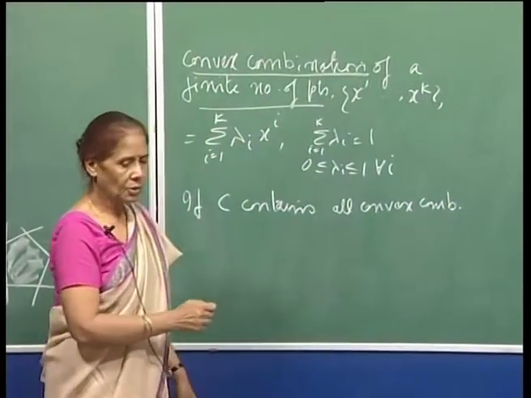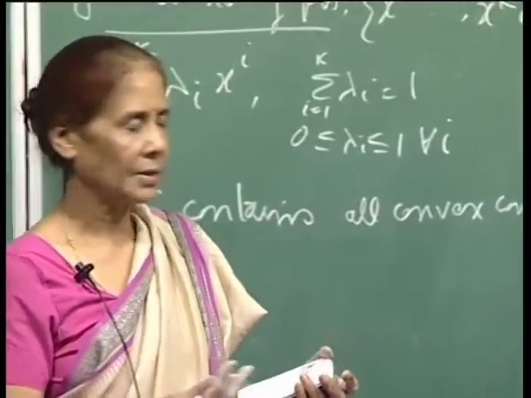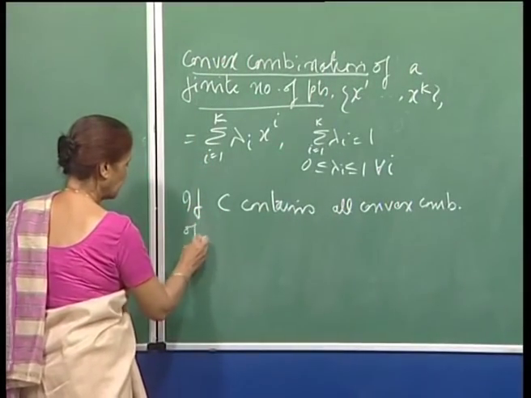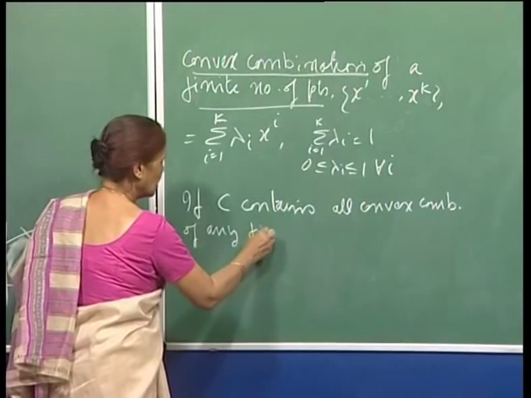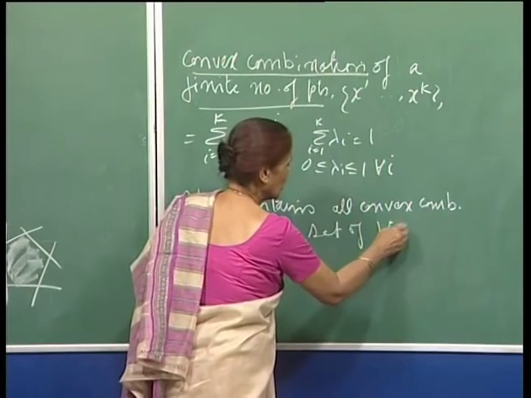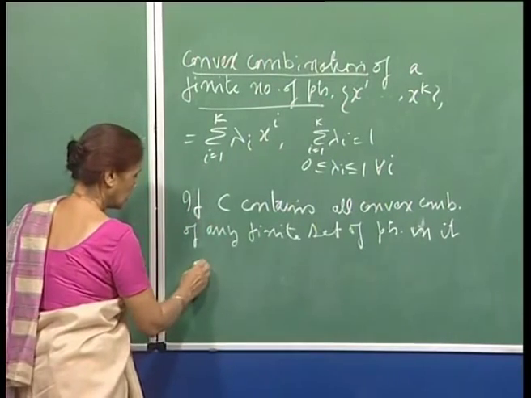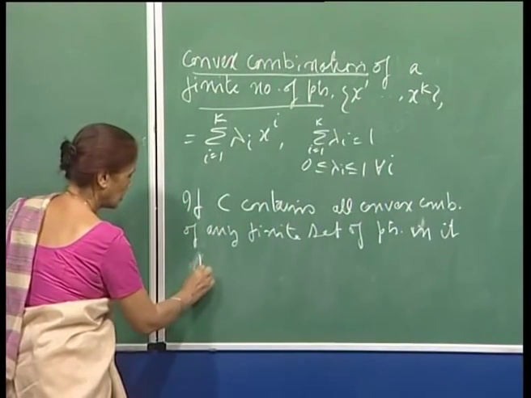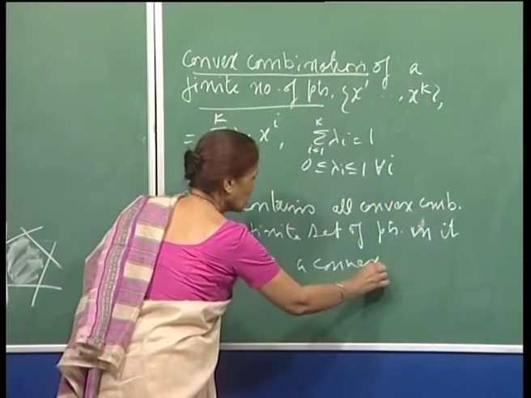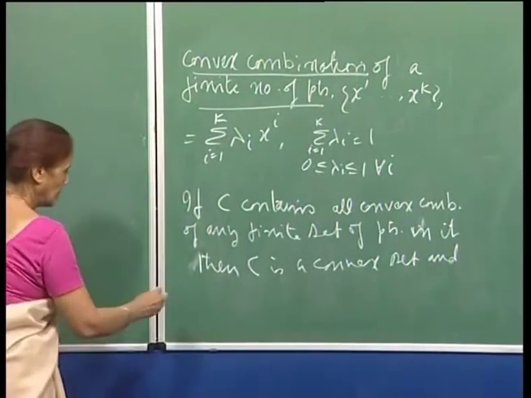Actually, a convex combination implies that you are taking a convex combination of a finite number of points, but one can state it also: if C contains all convex combinations of any finite set of points in it, then C is a convex set, and vice versa.